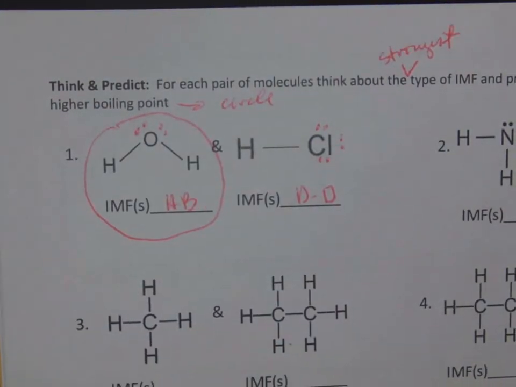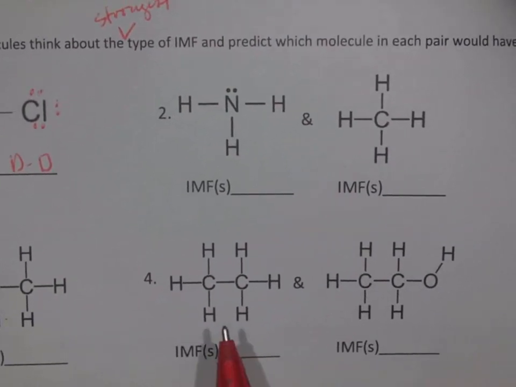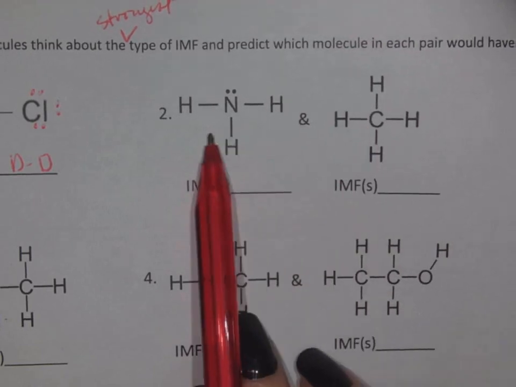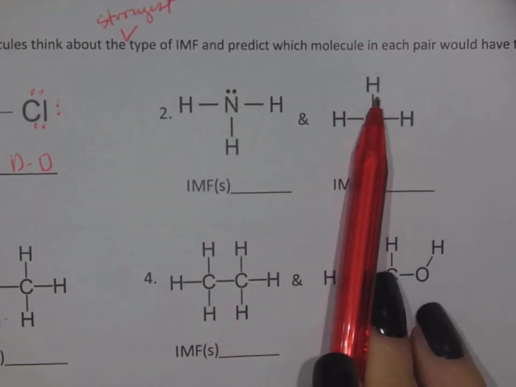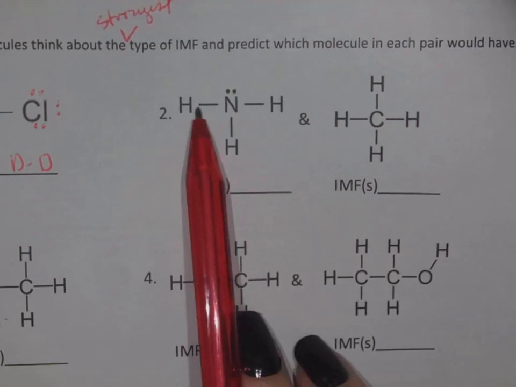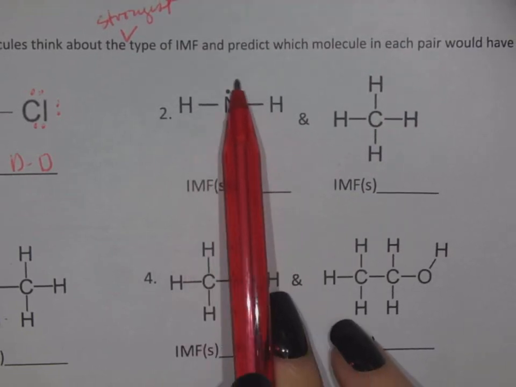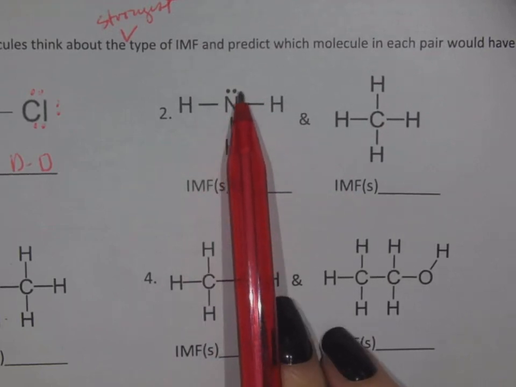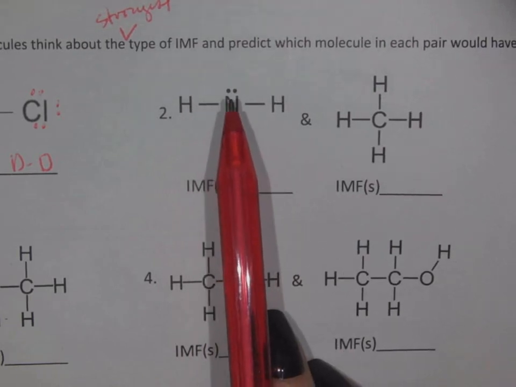Okay, number 2. Both of them experience London dispersion because they're molecules. I see asymmetry and then symmetry. So since NH3 is polar, it also has dipole-dipole. And then it experiences hydrogen bonding because a hydrogen is bonded either to fluorine, oxygen, or nitrogen.